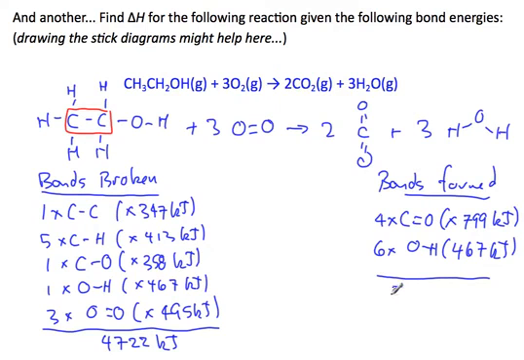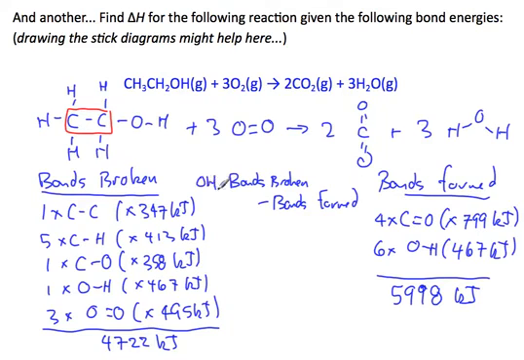And so when I do the math on that, 5,998 kilojoules of energy associated with bond reformation. And so now it's just a case of bonds broken minus bonds formed, and I'm going to do that in the middle here. Bonds broken minus bonds formed.